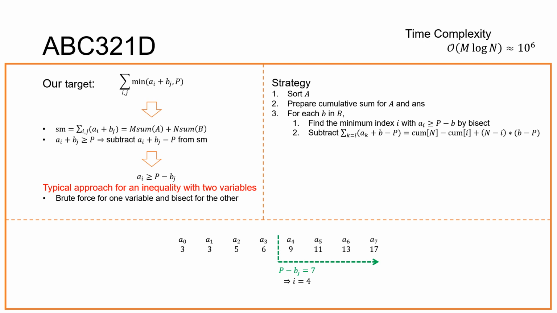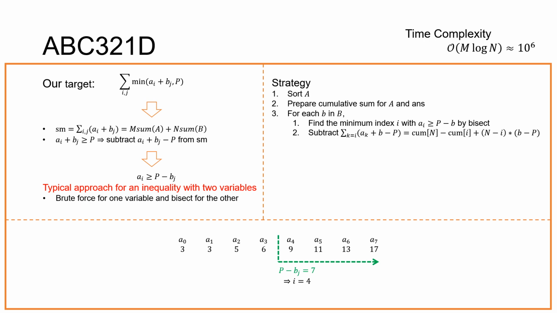I'll explain it with an example below. But first, let's see the inequality and solve it for a_i. Then we fix b_j. For fixed b_j, the expression P minus b_j is just a constant, and so we easily find how large the variable a should be.